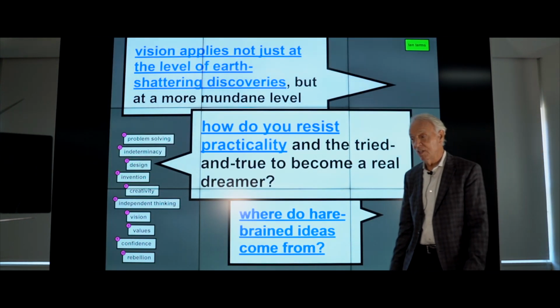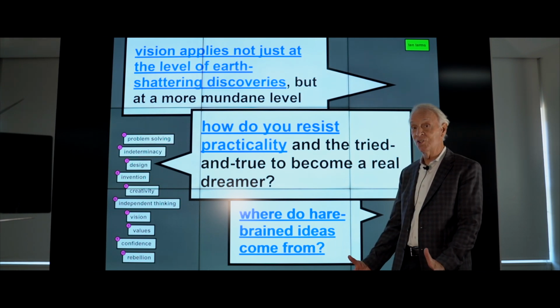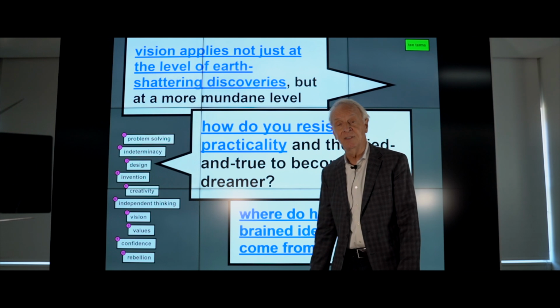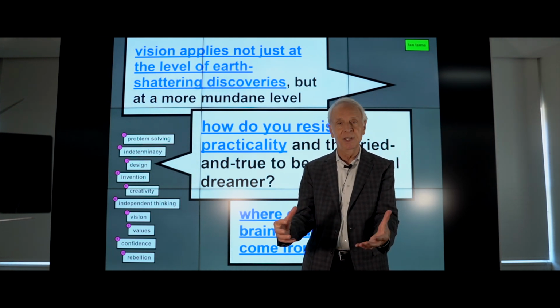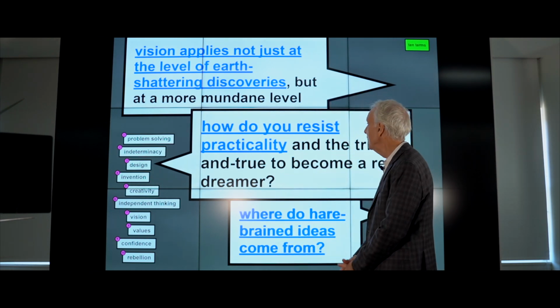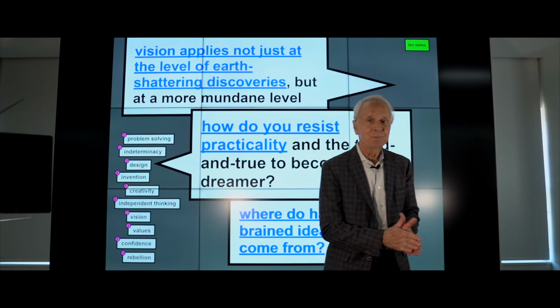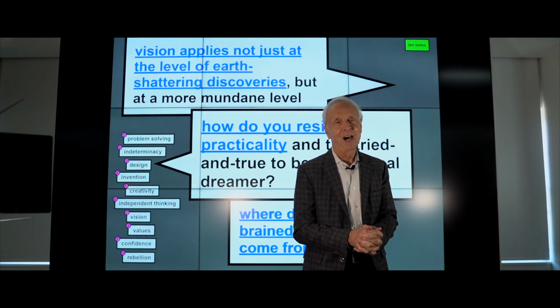We need to think in terms of vision that it applies not just at the level of earth-shattering kinds of discoveries, but also at a mundane level. You can be a visionary about rather small but interesting problems. It doesn't have to be earth-shattering. Also, there's a question here of how do you resist practicality? We're all kind of trained to be practical.